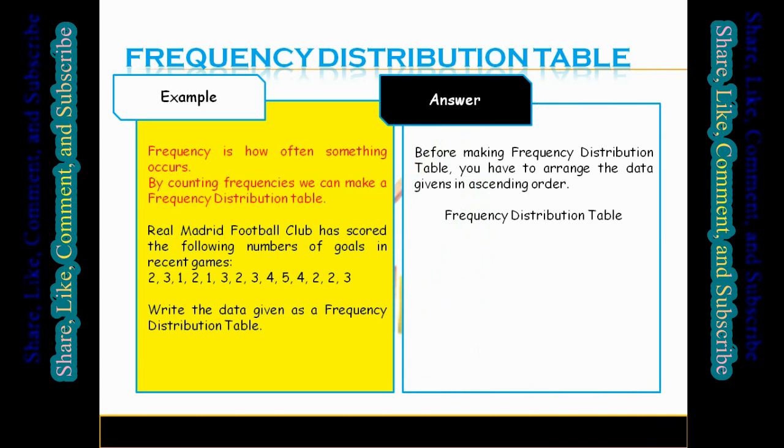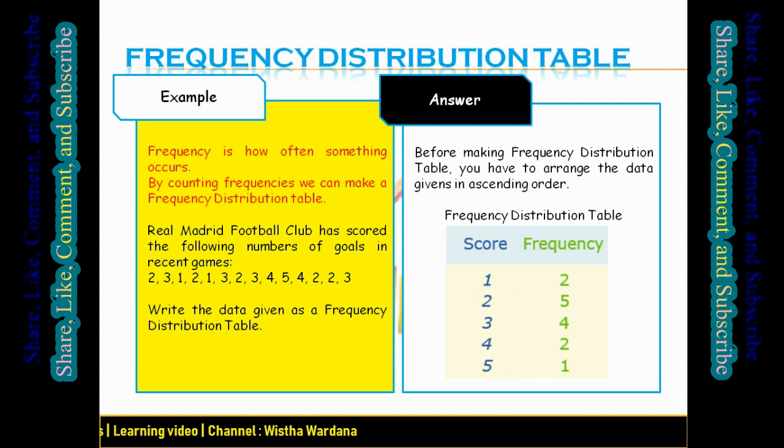And the answer is like this. Remember, before making a frequency distribution table, you have to arrange the data given in ascending order. And you have to know the meaning of the table. So the table will be like this. In the table, we have 2 columns here.